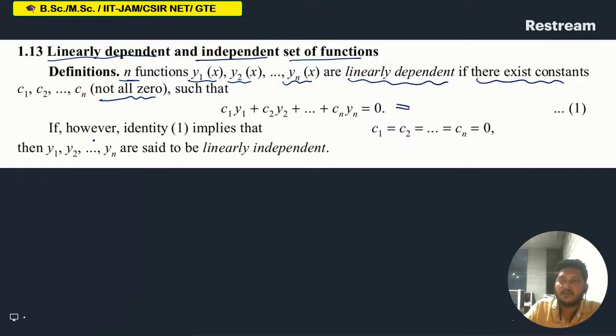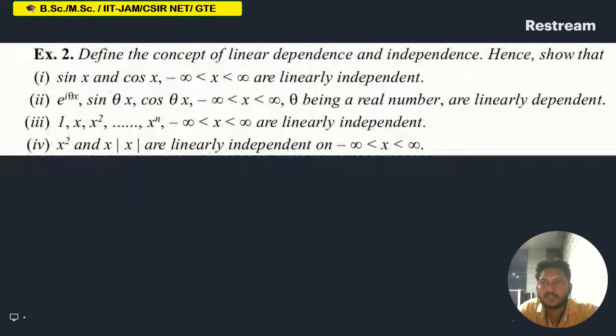However, if you multiply these and the only way to get the value equal to 0 is with all constants zero, then these are said to be linearly independent. So y1, y2, up to yn are said to be linearly independent. Here is some defined concept of linear dependence and independence.